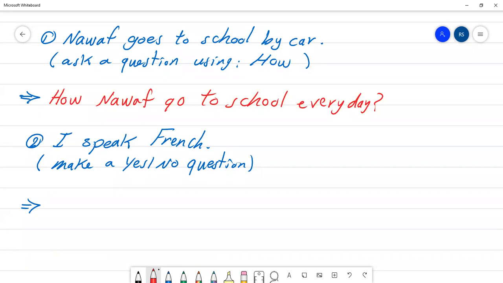We must add does. Great, excellent. So here we must use does. How does Nawaf go to school? You can add every day and you can go without it. You can delete it. We don't need every day because it's not in the sentence. So we say, how does Nawaf go to school?